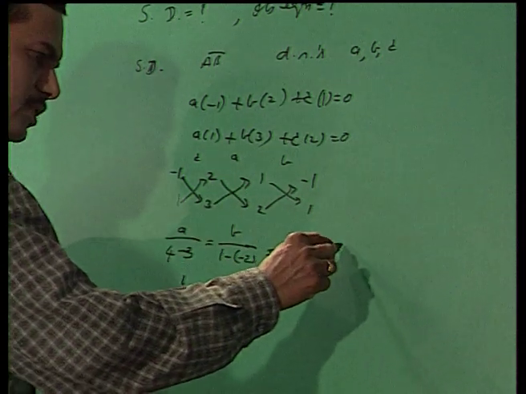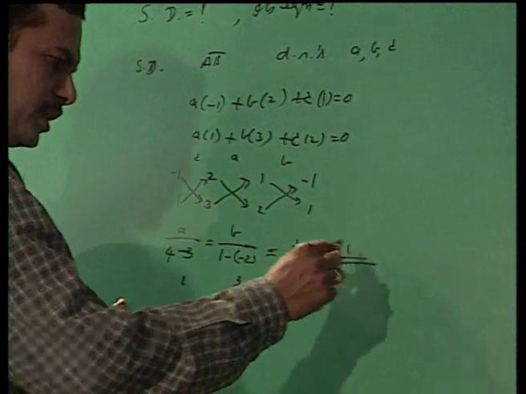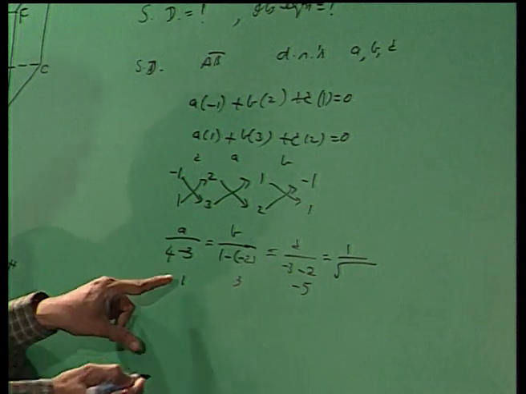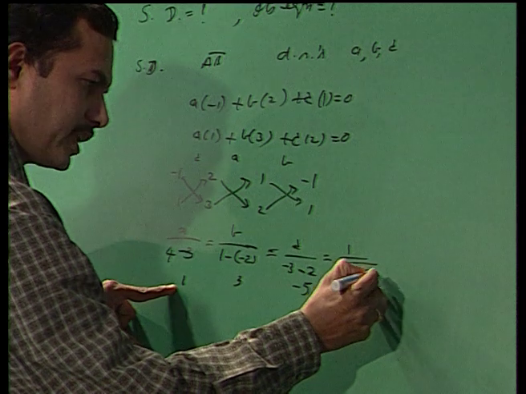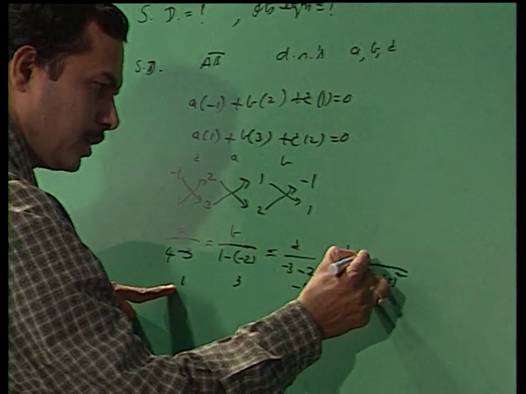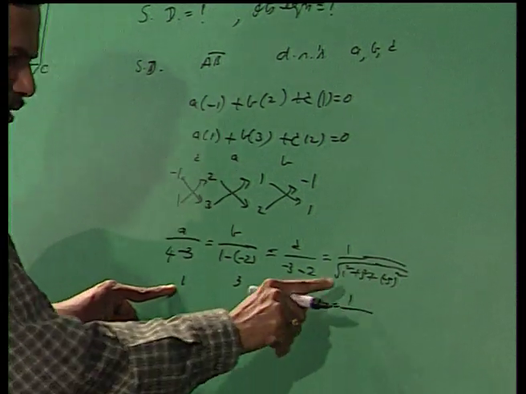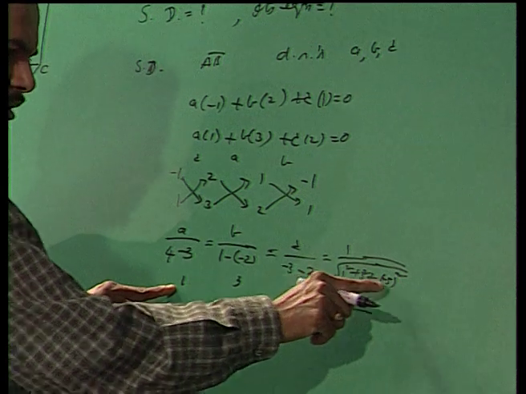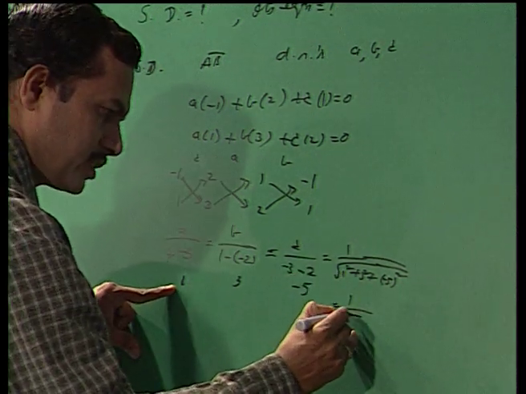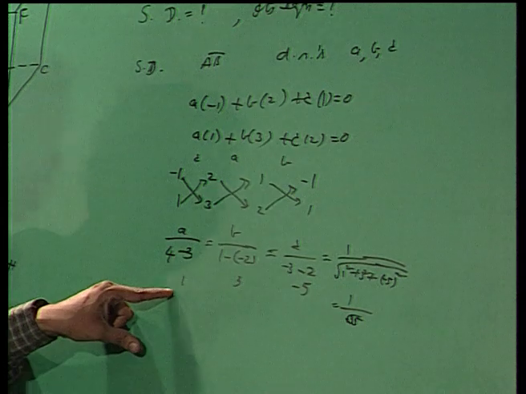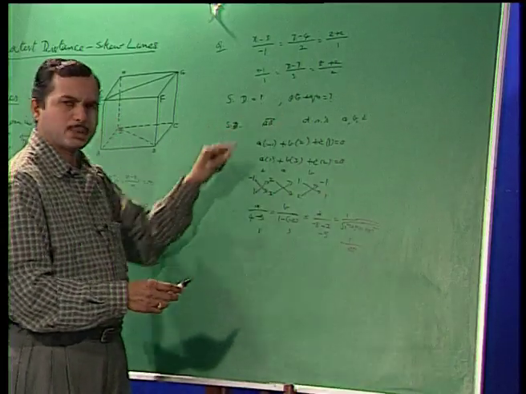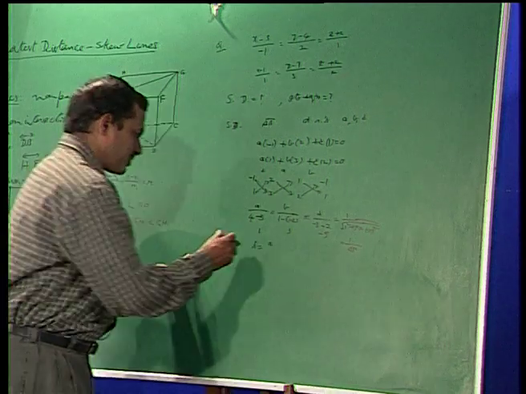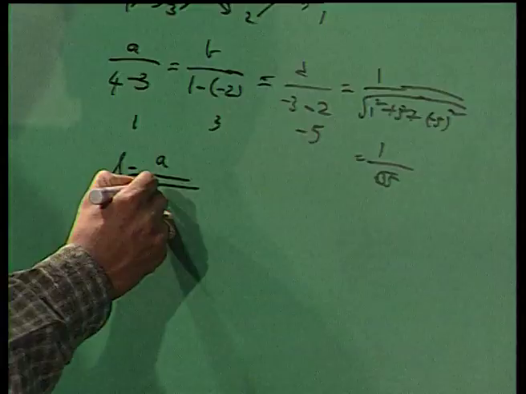Now, this is equal to 1 by square root of A square plus B square plus C square, that is 1 square plus 3 square plus minus 5 whole square, and this is equal to 1 by square root of 1 plus 9 is 10 plus 25 is 35. So, this is root 35, and therefore, the direction cosines of the shortest distance line segment are l equal to A by square root of sigma A square.